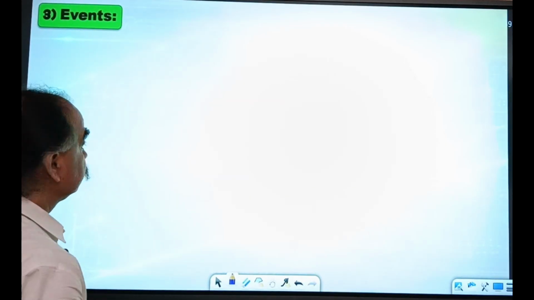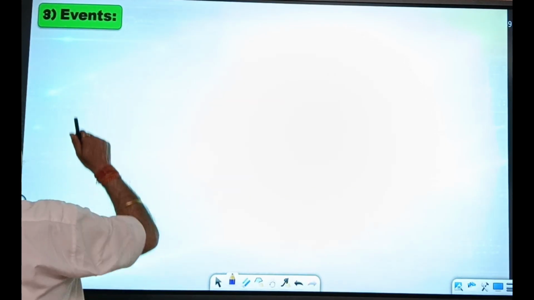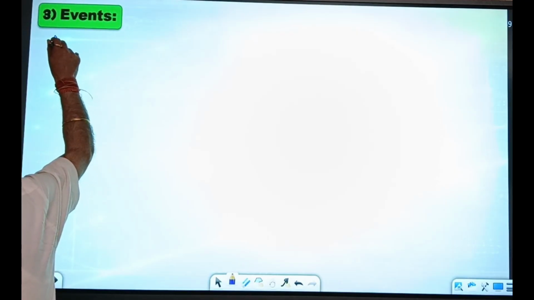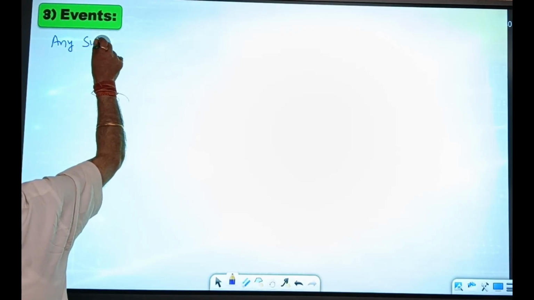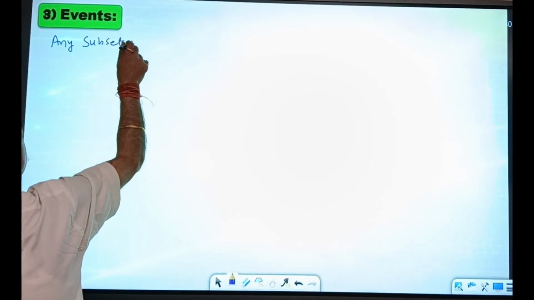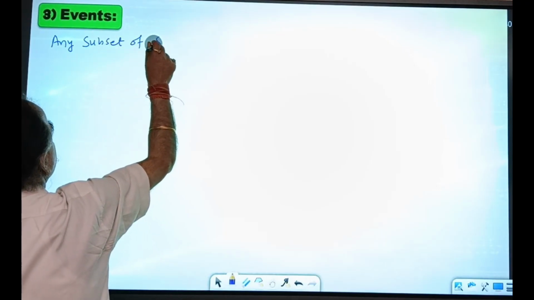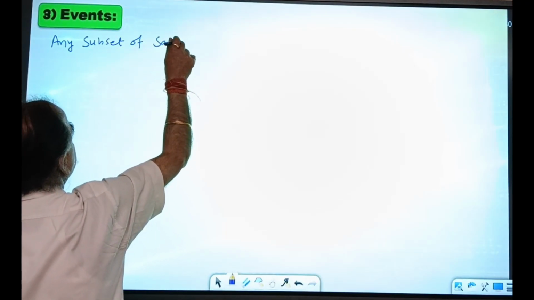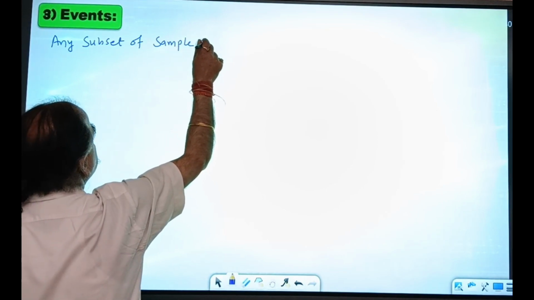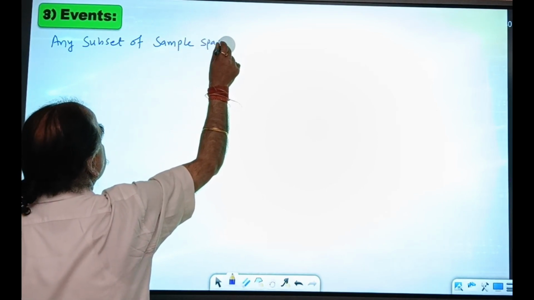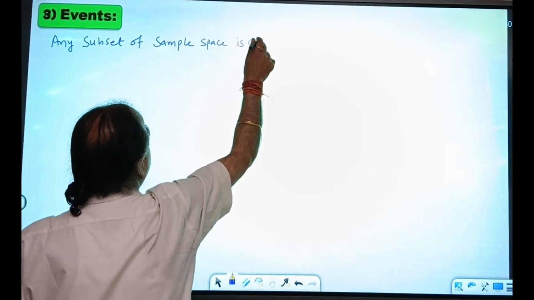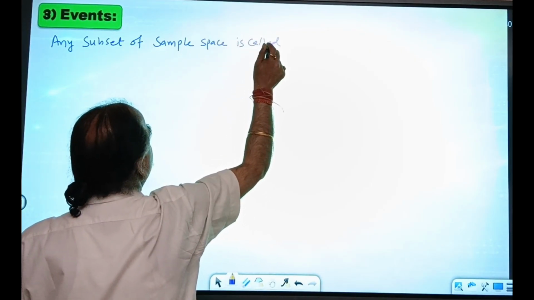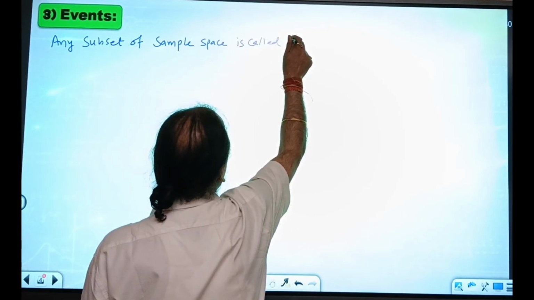Then events. Any subset of the sample space is called an event.